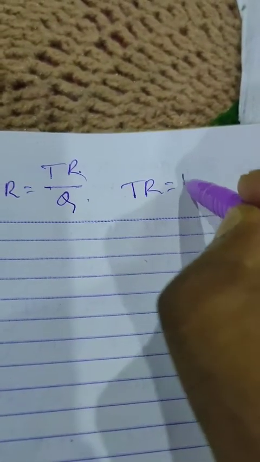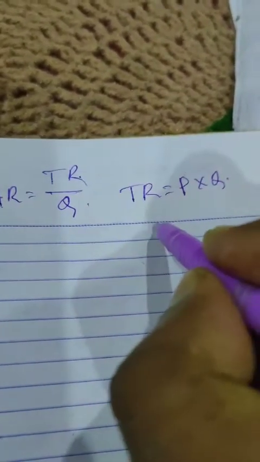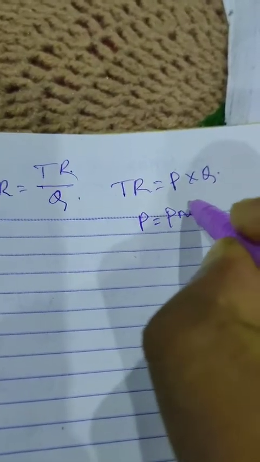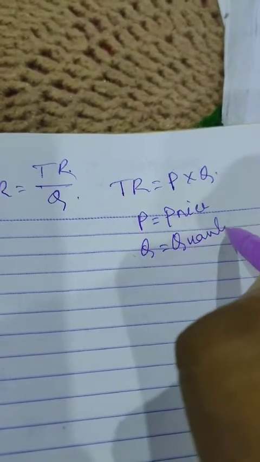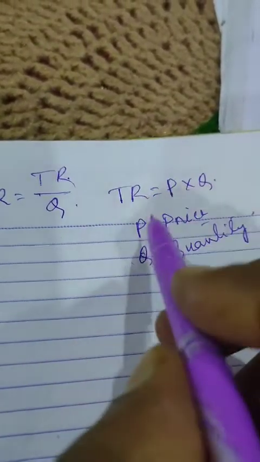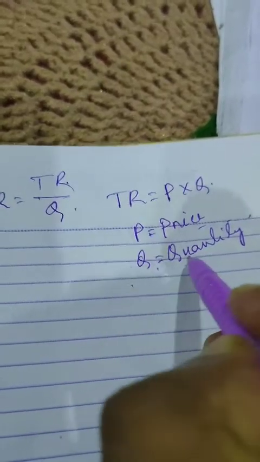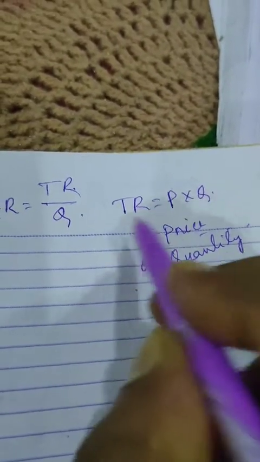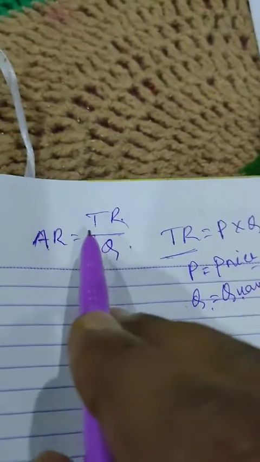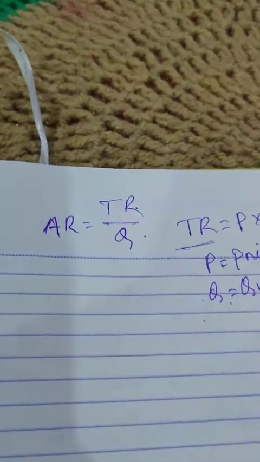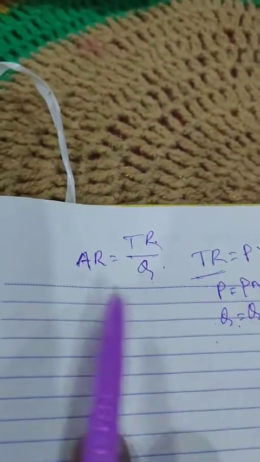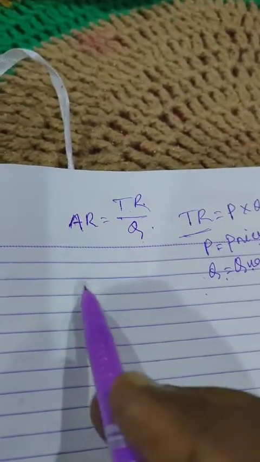Total revenue is found by the formula P into Q, where P is the price of the commodity and Q is the quantity produced. When we divide total revenue by quantity produced, we get average revenue, and this average revenue is also called the price of the commodity.